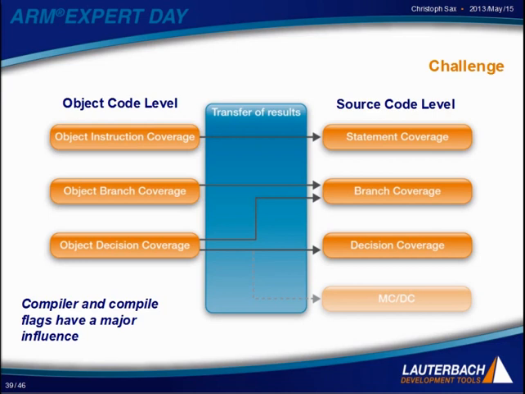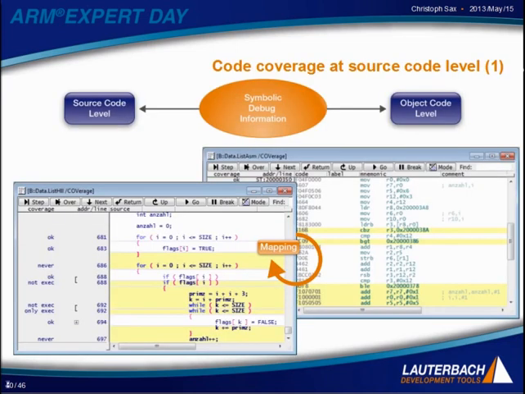We want to be able to derive branch coverage from object branch coverage and object decision coverage, and we want to show decision coverage by using the results of object decision coverage. And the link between the two levels is the compiler, because the compiler takes the source code and generates the object code. The information provided by the compiler is the symbolic debug information.